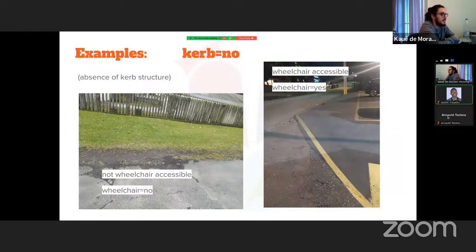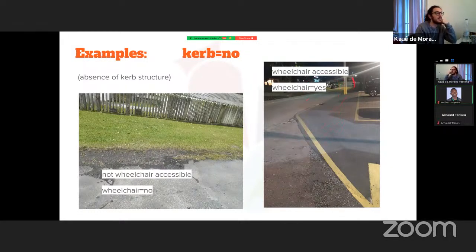So then the example of curb no, that's basically where you don't have the curb infrastructure, okay? So it can be accessible like on the right side, accessible for wheelchairs, but it's extremely dangerous for blind people. So that's the way. The tag is wheelchair, yes, not disabilities, yes, or something like this, because it's harder to establish in a universal way.